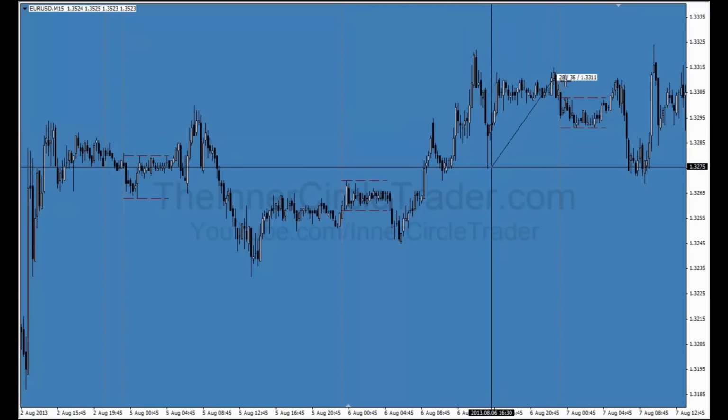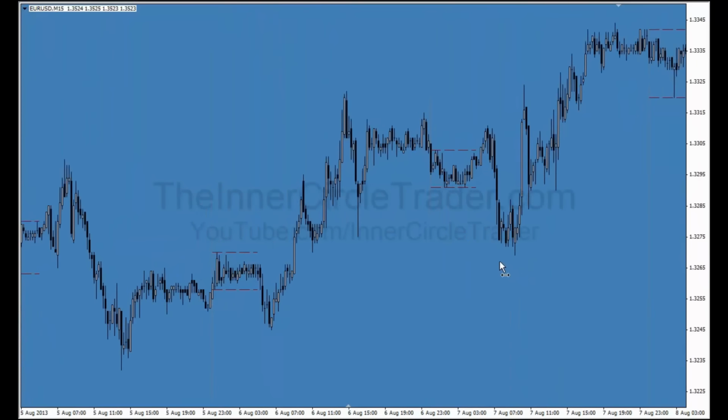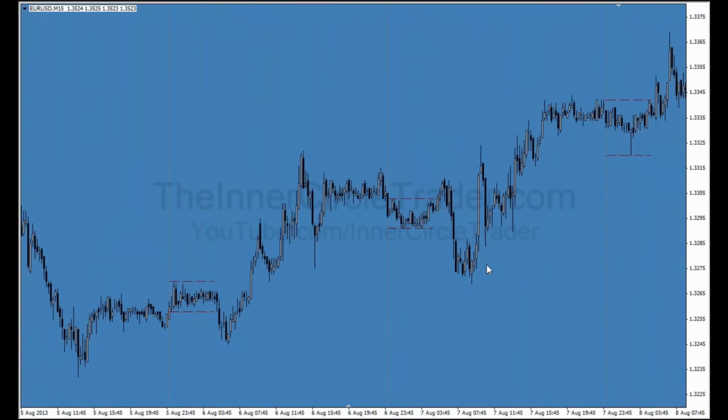And I'm only tossing this in, that's about 40 pips or so in terms of pip range. I'm adding these intraday setups to show you how you can use it to be a trader on an intraday basis or a scalper.